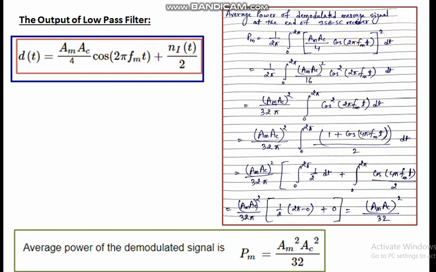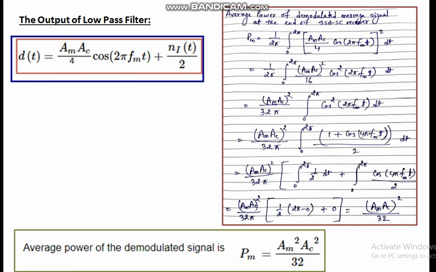The average power will be calculated for the message signal here, and the complete calculations I have shown here. Okay, the average power of demodulated signal is shown here in complete detail with the mathematical formula derivation, which is finally received as Pm is equal to Am square Ac square by 32.